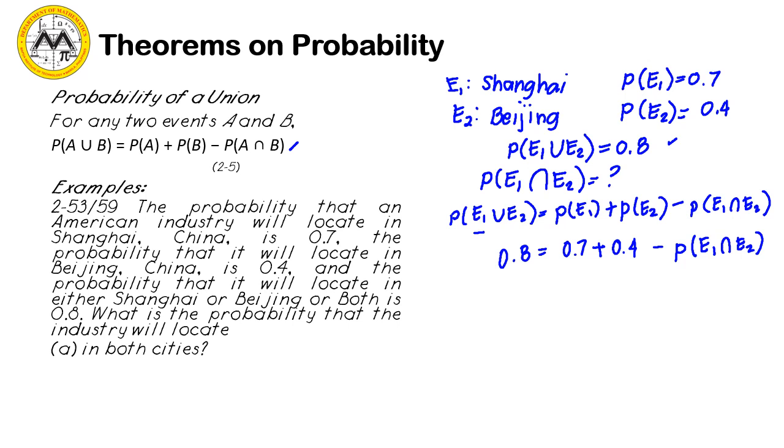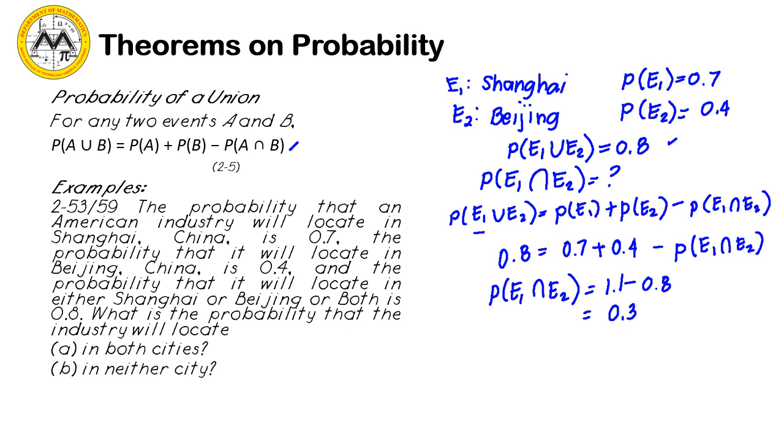We can transpose this to the other side, so that would become the probability of event 1 intersection with event 2. Then we have 0.7 plus 0.4 is 1.1, and then transposing 0.8, we have 1.1 minus 0.8, or 0.3.